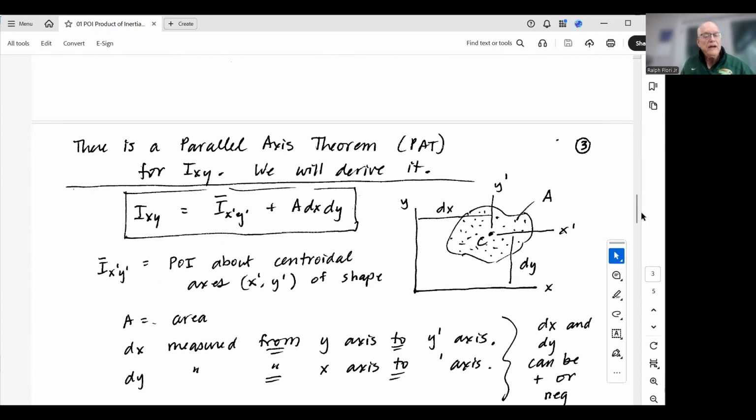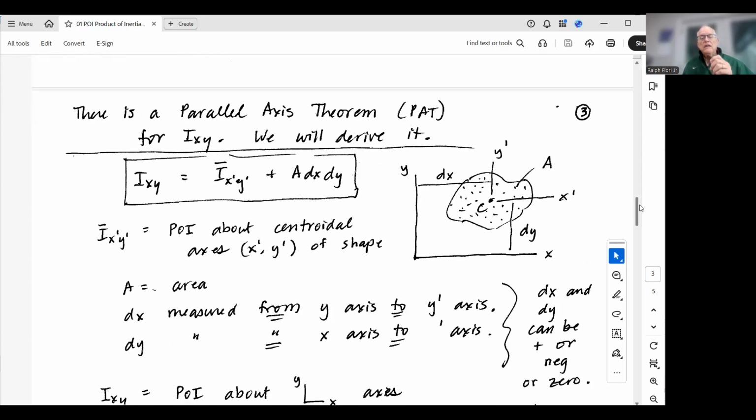There is a parallel axis theorem for IXY, just like we had for moments of inertia, and we will derive this parallel axis theorem. But it looks like this. IXY, the product of inertia about a general set of X and Y axes, for a given area is equal to the product of inertia for that area about its centroid plus the area times dx dy.